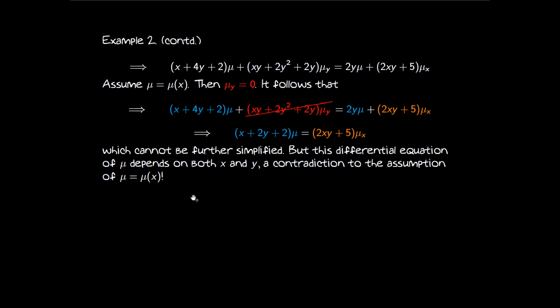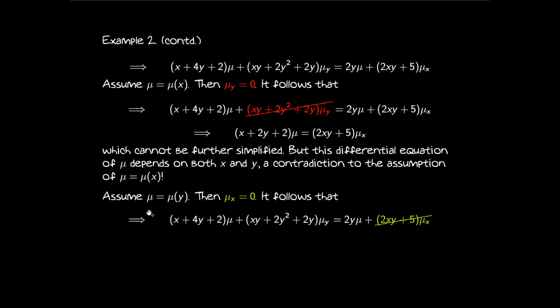Well, in this case, we'll just try the mu as a function of y. In this case, we understand the x derivative of the mu is going to be 0. And in the original equation here, okay, you understand the term with the mu sub x is going to be 0 as well. And you're going to get the equation of mu and the mu sub y.